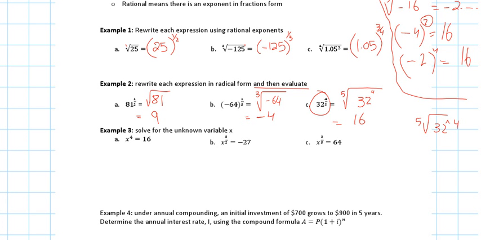You can do 32 power bracket 4 divided by 5, close bracket, and that should give you exactly the same answer. Right? Are we good with that? Yeah.